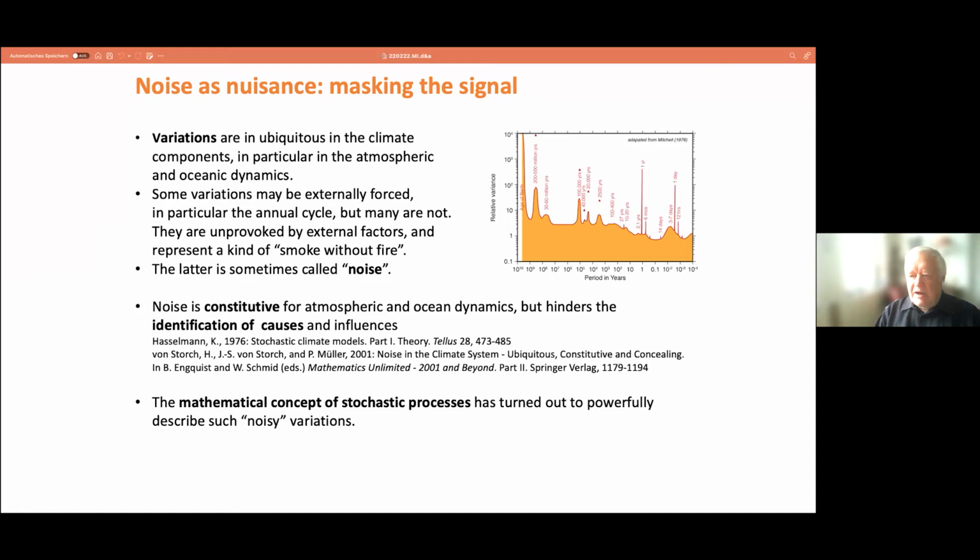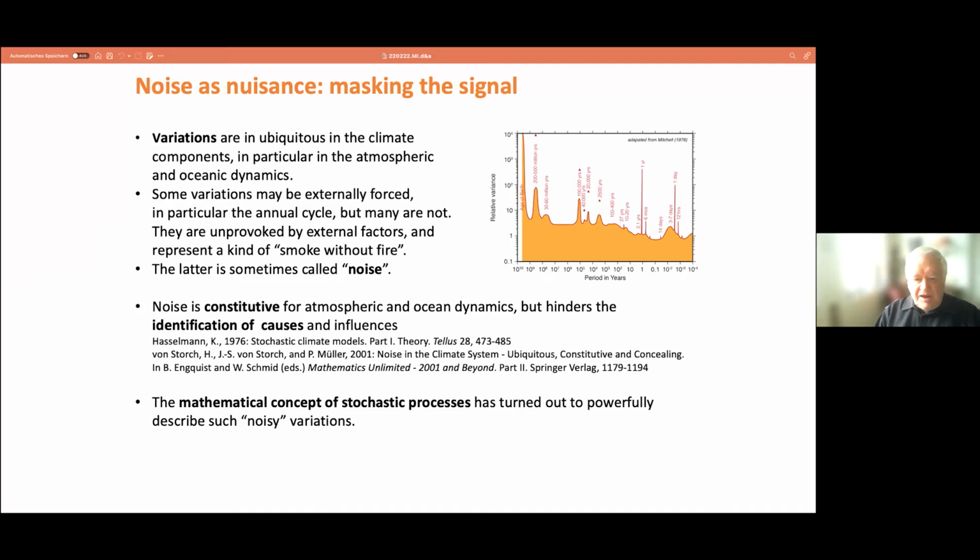It means variance associated with all timescales in this range. Some variations are externally forced, such as the annual cycle, but many are not. They are unprovoked by external factors and present a kind of smoke without fire. And this is sometimes called noise.